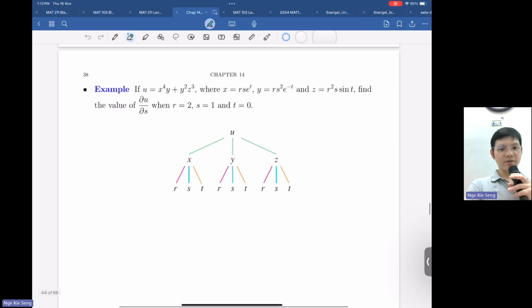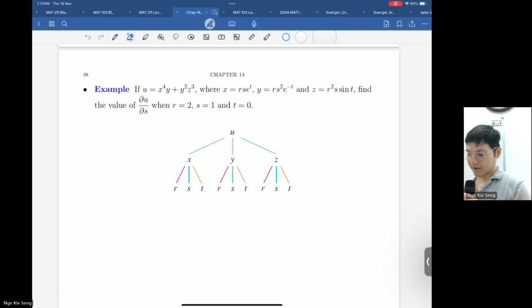I'll let you try about 3 minutes. Compute what is del u del x at a particular point. Let's try and compute this del u del x together.